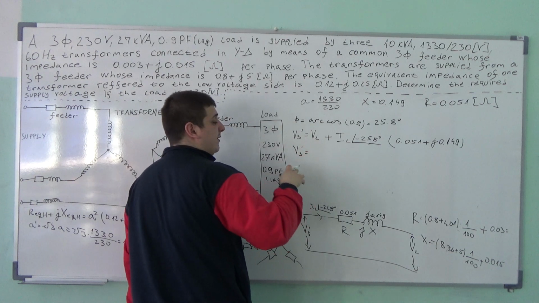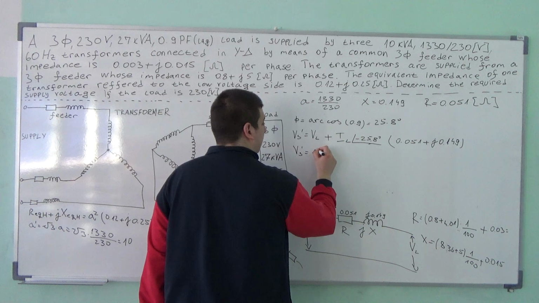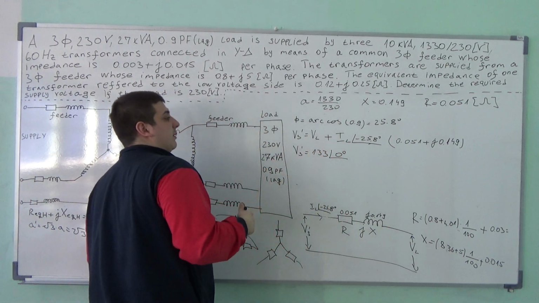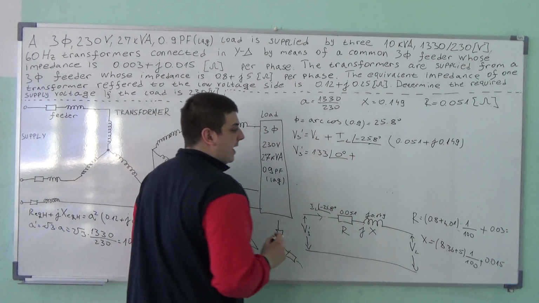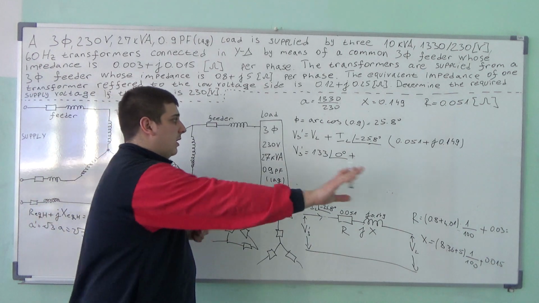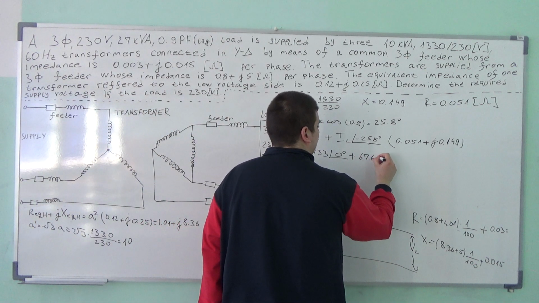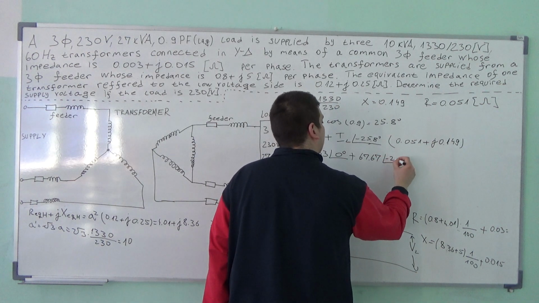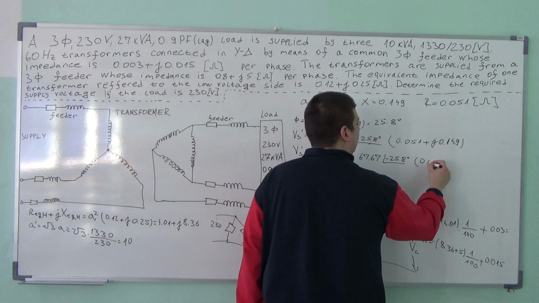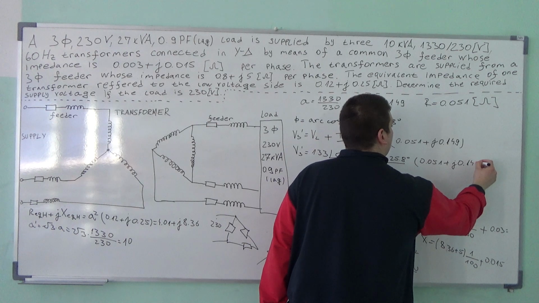VS, referred to the low voltage side, is equal to 133 at 0 degrees, plus IL, which was 67.67 at minus 25.8, times 0.051 plus J 0.149.